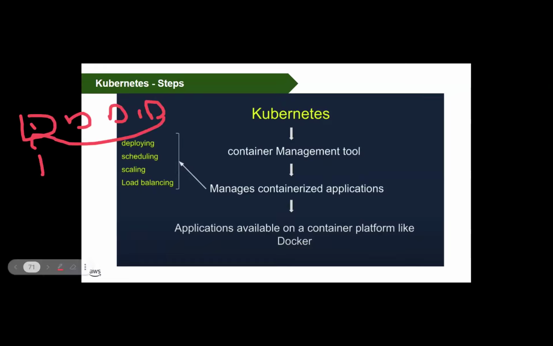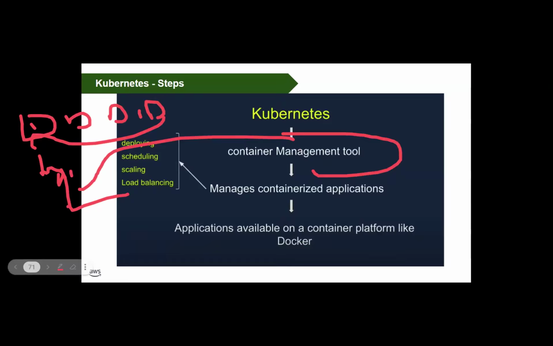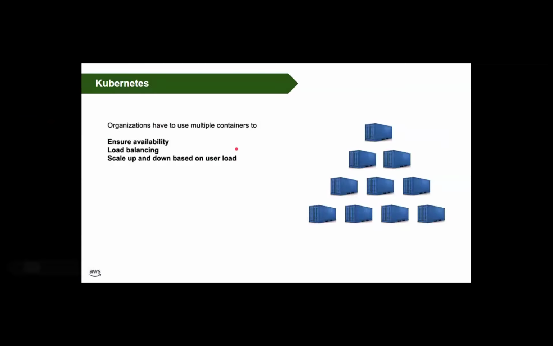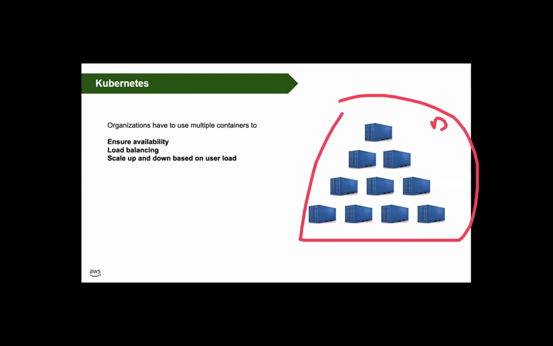The management of all those applications is done by Kubernetes, the management tool. Now, organizations have to use multiple containers. As I told you, it's not like only one container. One will be removed, one will be added, and everything has to happen automatically. So it will ensure high availability, and Kubernetes manages all these container services.